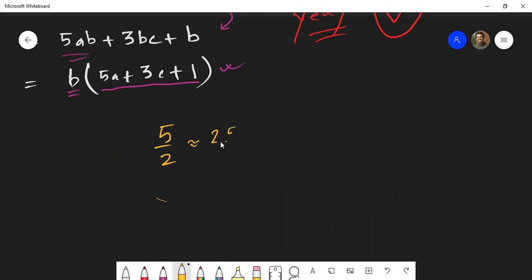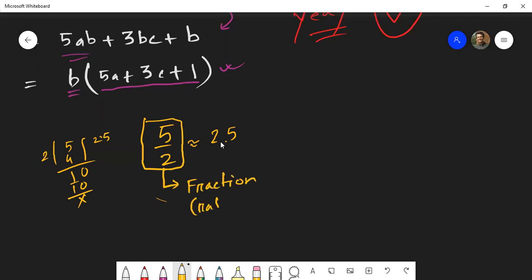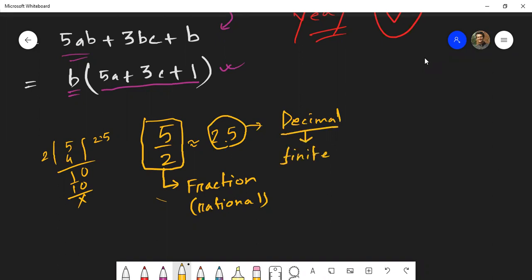If you solve it, you get 2.5, like this. So here it's called a fraction, which is also rational. And as we know, there are two categories of decimal, finite and infinite. This is a finite one. Okay, finite decimal. And this is also rational. I think it answered your question, dear.